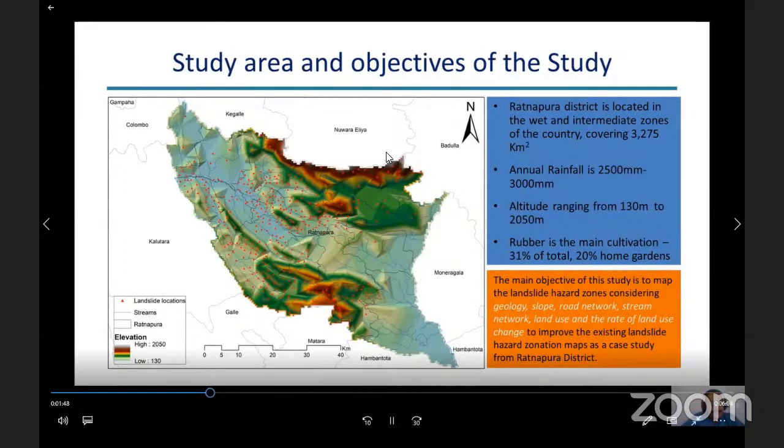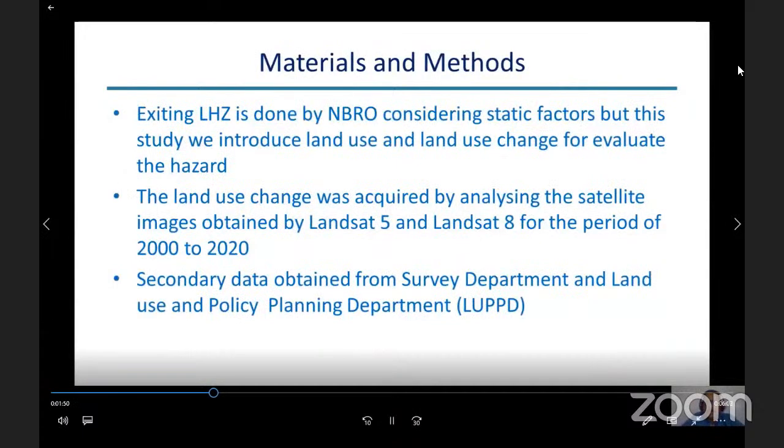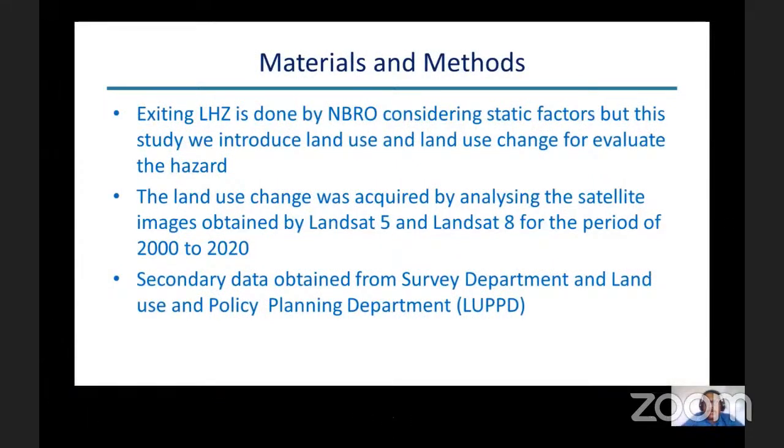The existing hazard zonation map is limited to static factors, but in this study, we introduced dynamic factors such as land use and land use change to determine the landslide hazard.